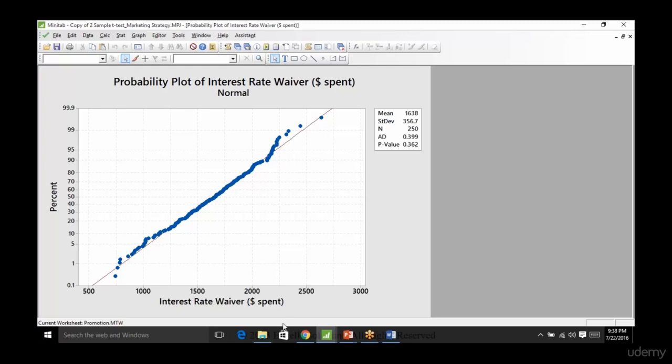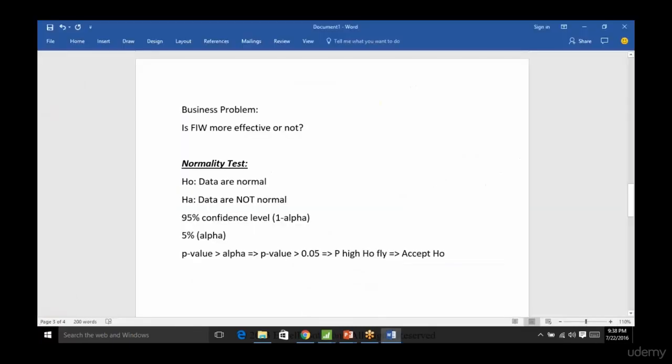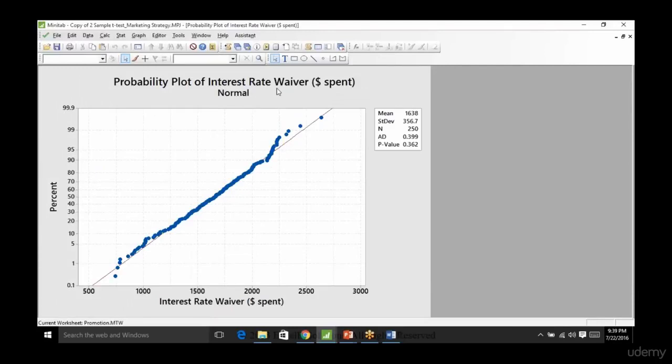However, if you look at the p-value, it is 0.362, which is greater than 0.05. What does it imply? P-high null fly, which implies you accept null hypothesis. And what does a null hypothesis say here? Data are normal. However, you have done this only for full interest rate waiver.